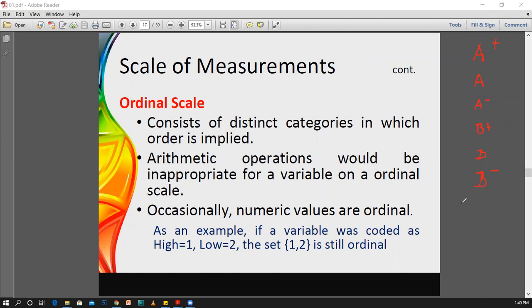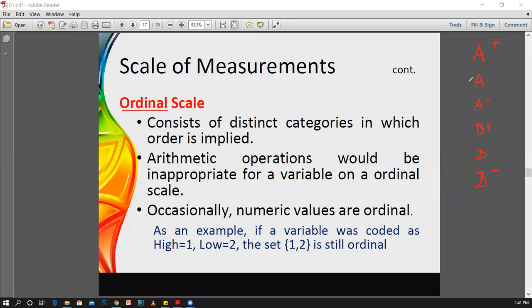In the nominal scale, you just have categories but no logical order. But in ordinal, we still have categories, but there is an order which we can imply, and still we cannot use arithmetic operations if our data is in the ordinal scale.